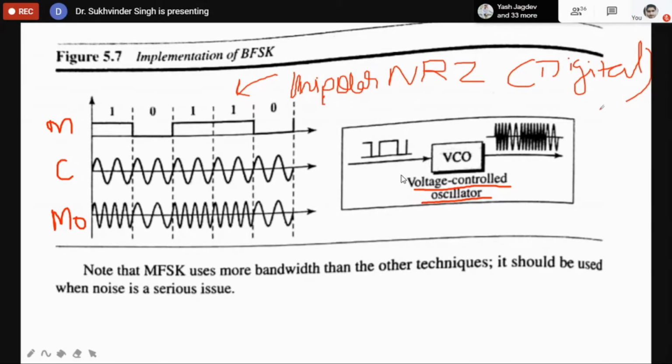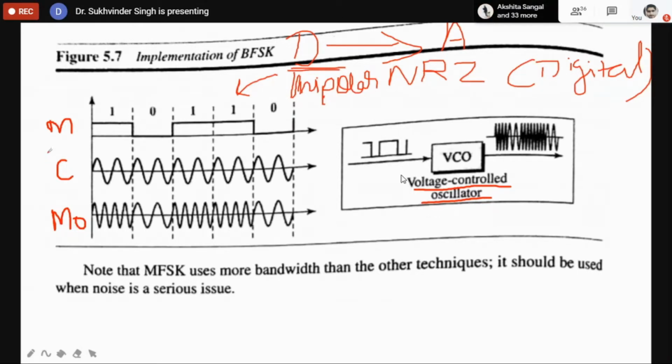So since we are talking about the digital to analog coding scheme, we have data represented in the form of a unipolar NRZ coding scheme, which is a digital coding scheme. So this data, 10110, is in unipolar NRZ. Here the data element or signal element does not cross the x-axis.